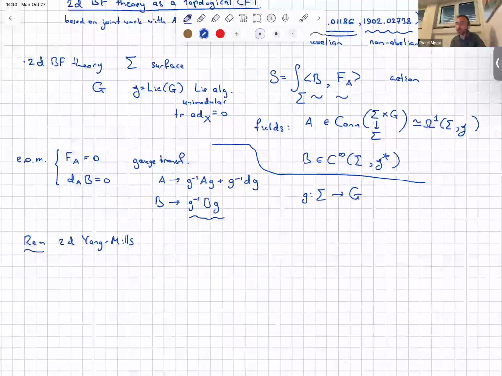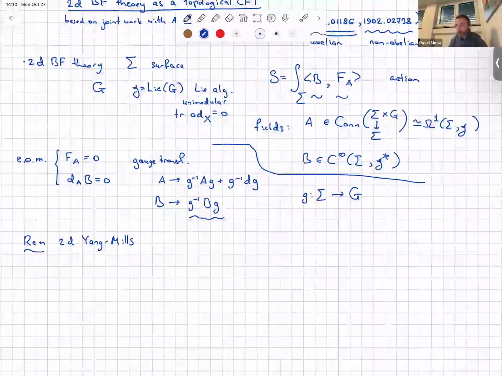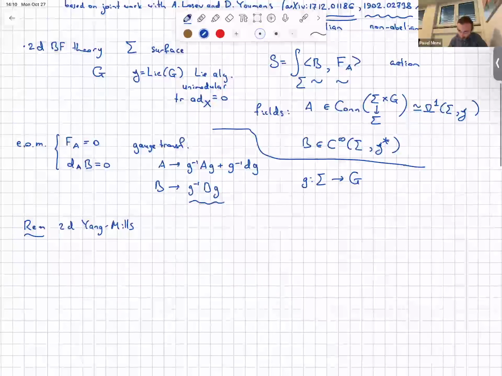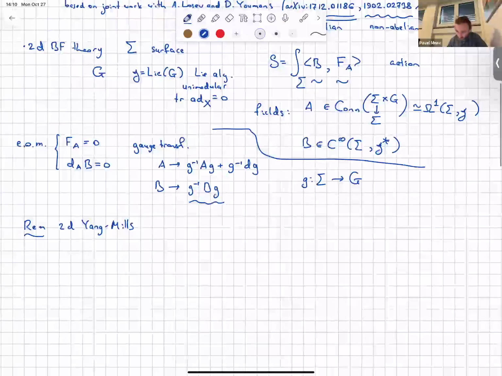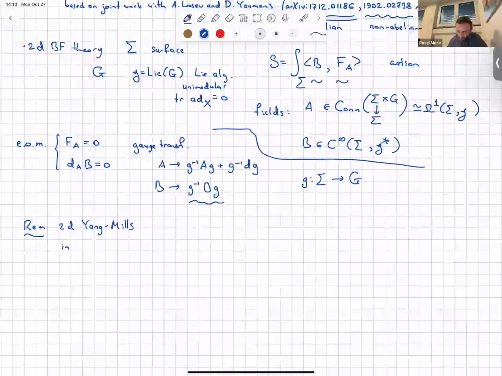In particular, in two dimensions it's an almost topological theory, and in the limit that's relevant here, it becomes actually topological.